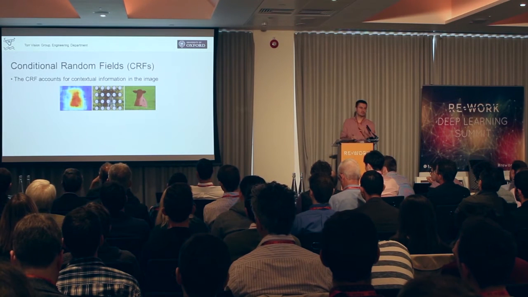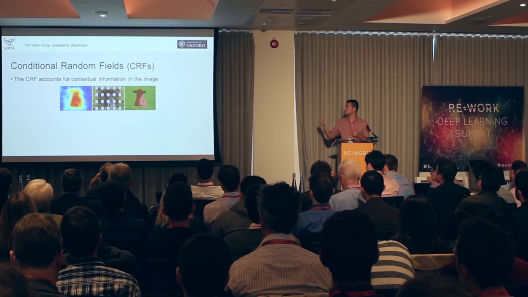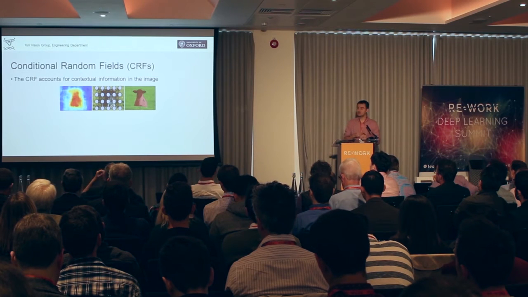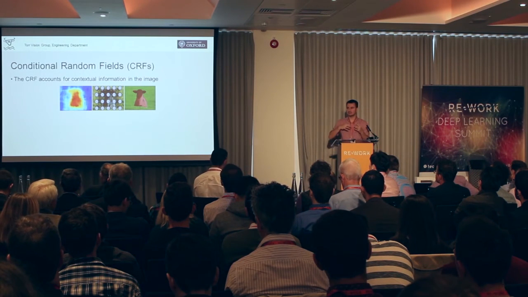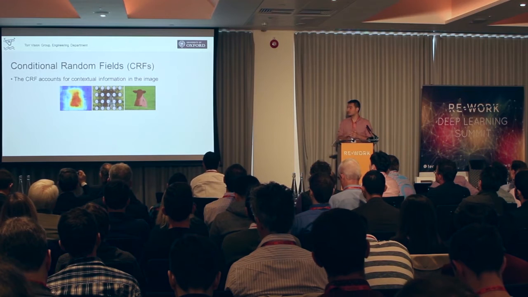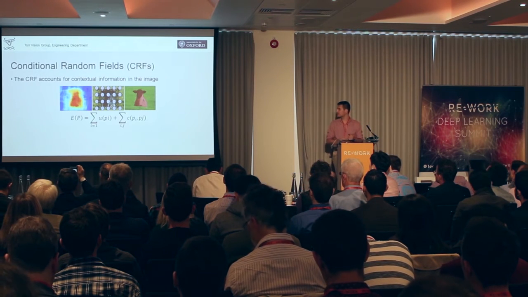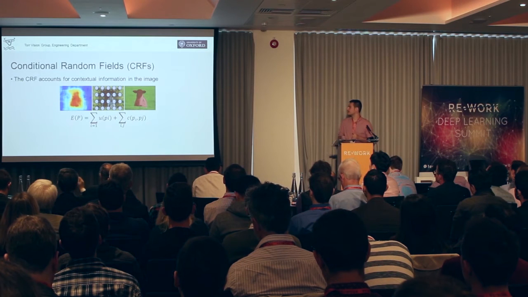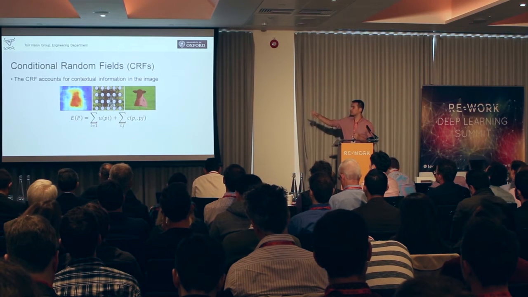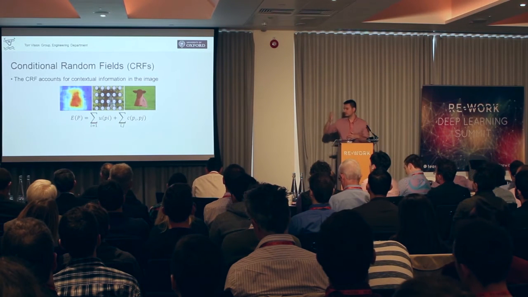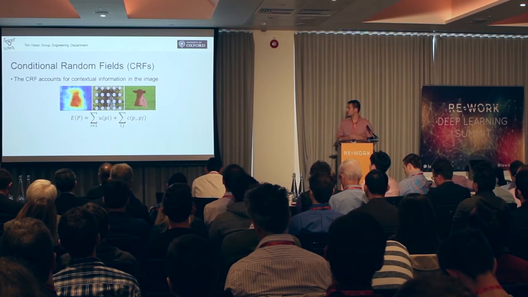In order to do that, we rely on conditional random fields. CRFs have been around for like 15 years, and they are useful for inference of structured outputs, which is particularly what we want to do here. They are based on minimizing a function like the one that we see here, where P is the prediction for all pixels in the image.